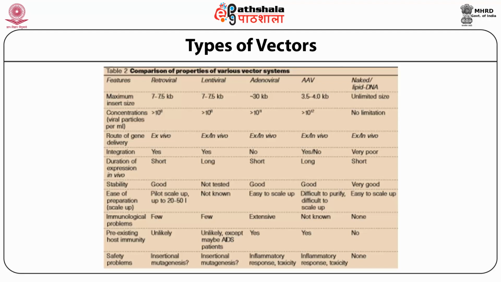The only part where they are not better than viral vectors is that integration is comparatively poor, and duration of expression is also short. So that is why the need for repeated application is there.